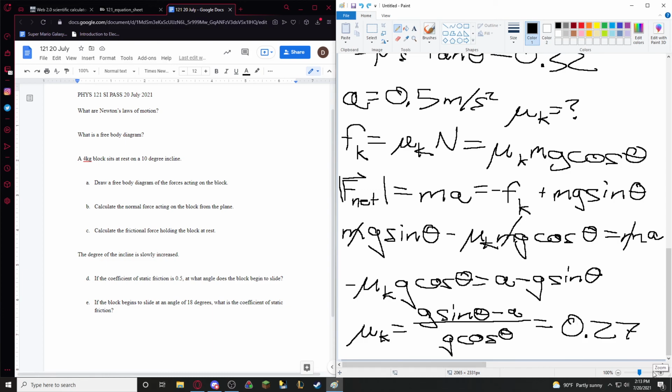Yeah. So where do you think you went wrong? I could see an obvious thing that I did wrong. Instead of doing mg sine theta at the beginning, I think I did ma sine theta for the force, for this part here.